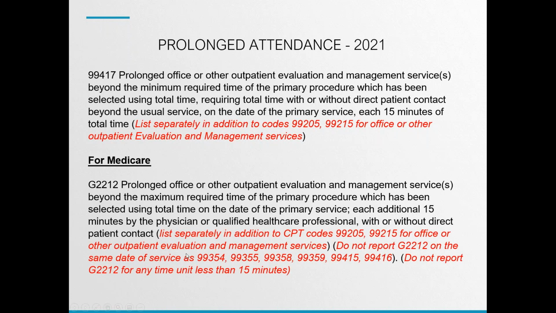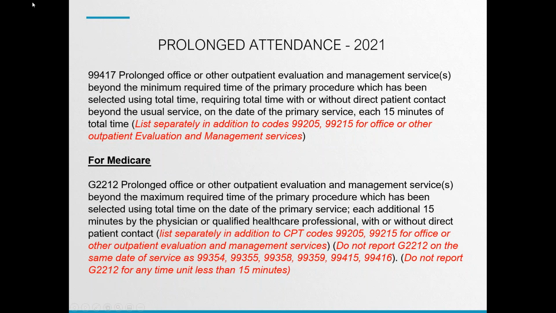We also have this year 2 new prolonged attendance codes. So the government realized that that extra 30 minutes time is kind of a hard threshold to reach. So what they do is they now give you a prolonged office visit code that you can add on to your highest level of E&M service.